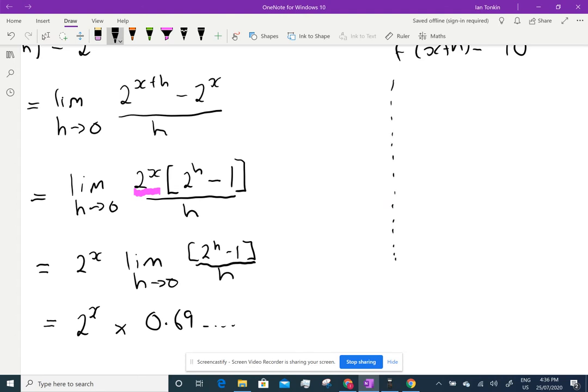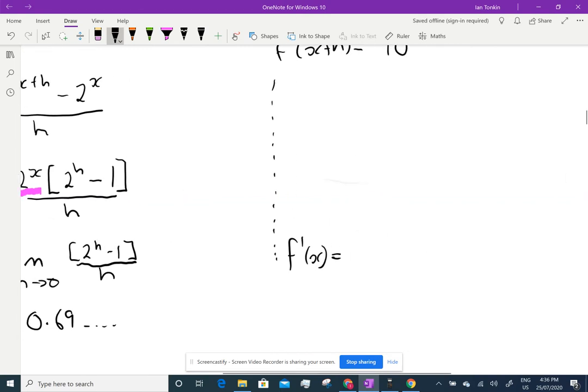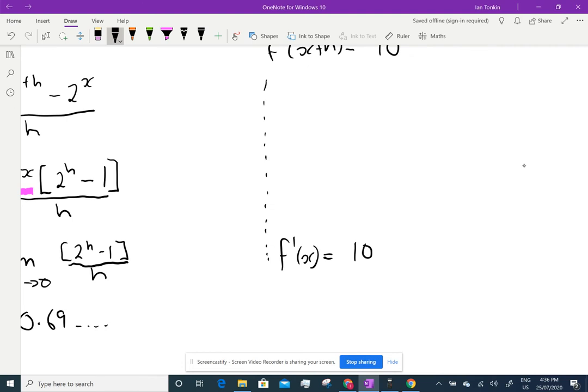We know that the same thing is going to happen and that my derivative will be 10 to the x times the limit as h approaches 0 of 10 to the h minus 1 over h.